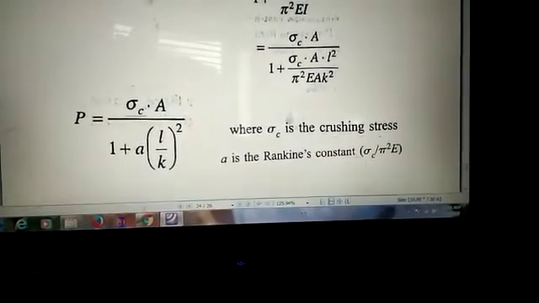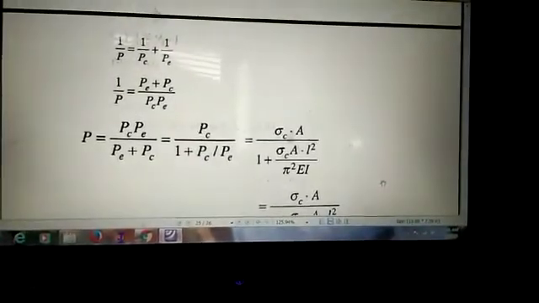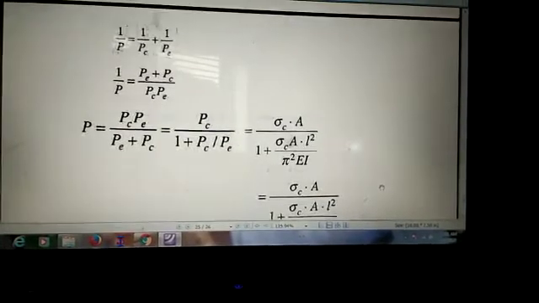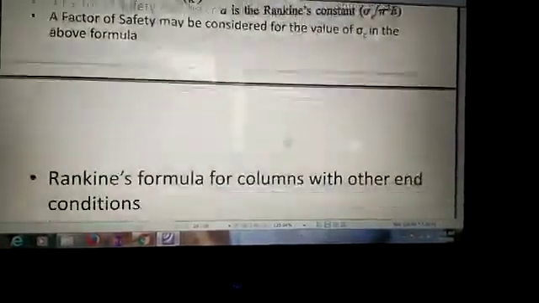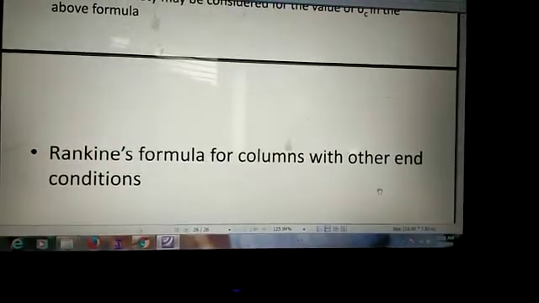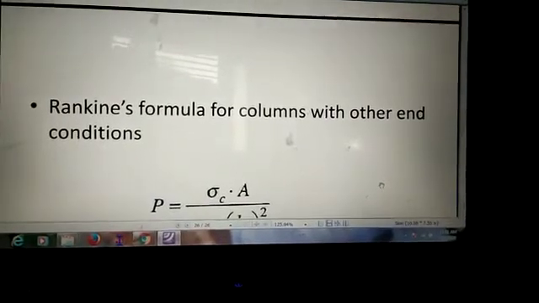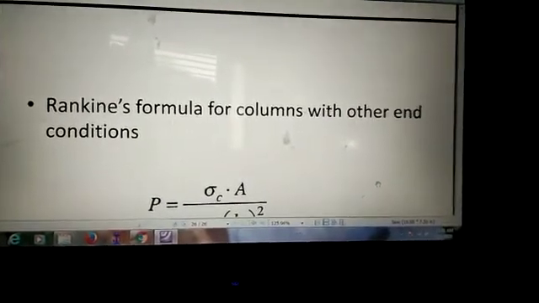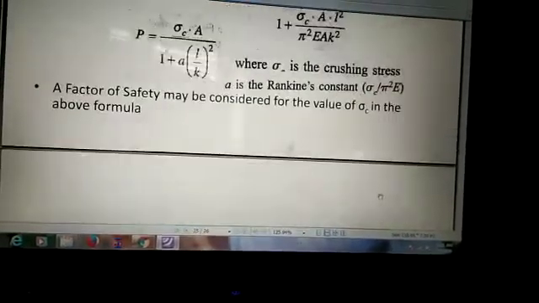Sigma C is the crushing stress, alpha is the Rankine's constant, and this value of Rankine's constant is equal to sigma C upon pi square E. We have derived this as the standard formula for Rankine load.